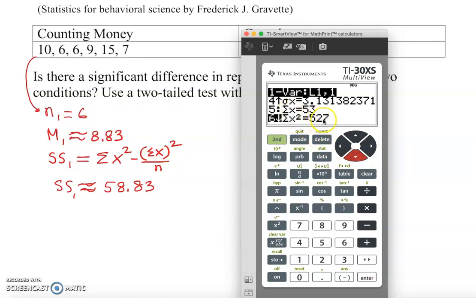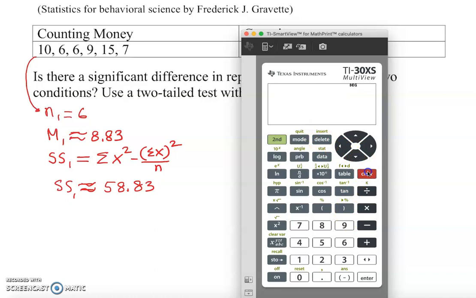So 527 take away 53 squared over n. Let me show you how you work it out. 527 minus 53 squared over 6, the sample size, enter. This is a fraction, so definitely use the double arrow. That's approximately 58.83.